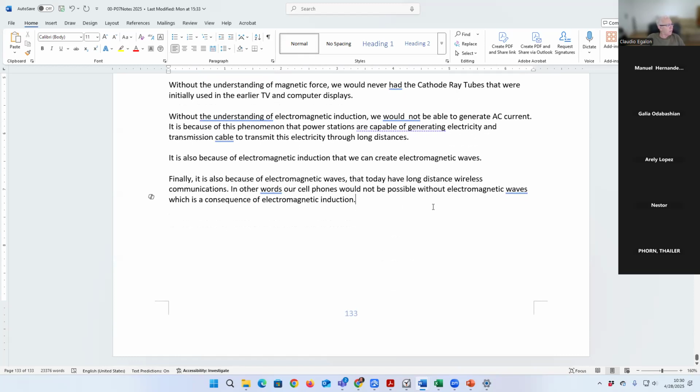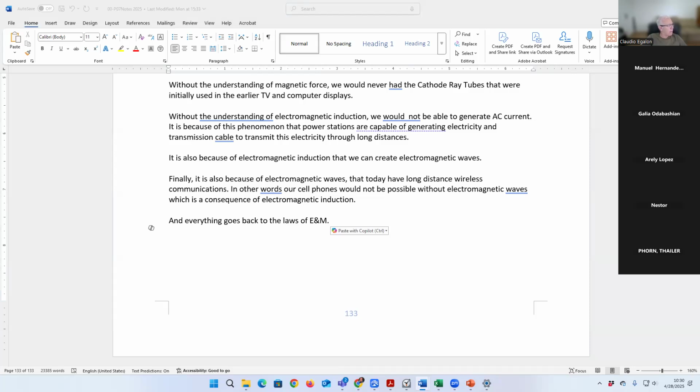And everything goes back to the laws of electricity and magnetism, and I'm going to remind you of those laws.